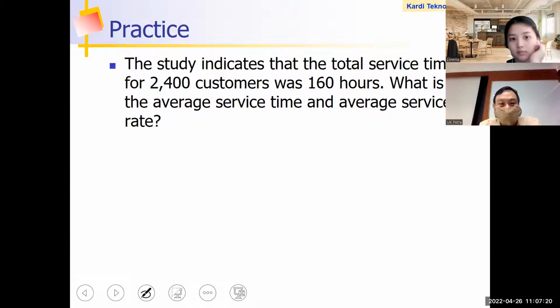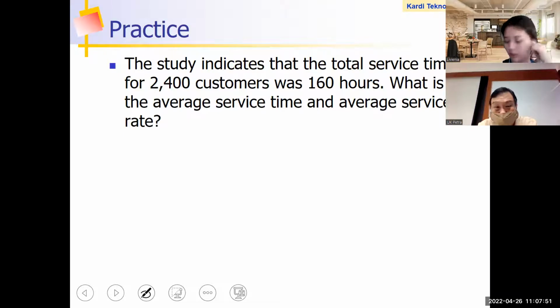Joy, you calculate the service rate. What is the service rate? The service time is 1 per 15 hours. Service time per minute or per second?